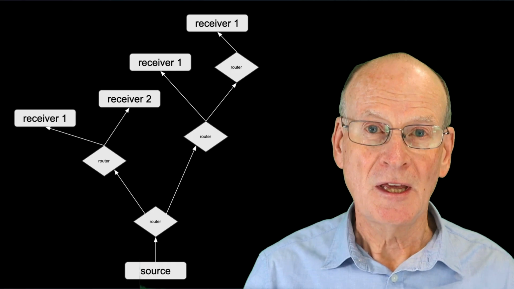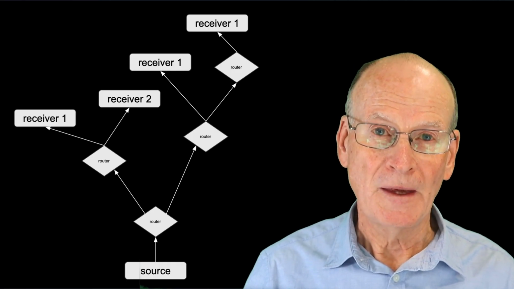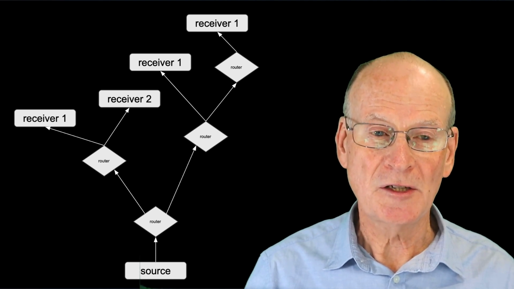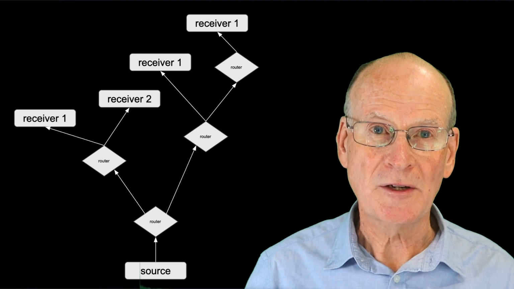A full description of how multicast works is too complex for this video, but basically it's done by routers accepting requests from potential receivers to join a given multicast address through a tree. Now this tree is simply a data structure joining all the destination receivers via routers.